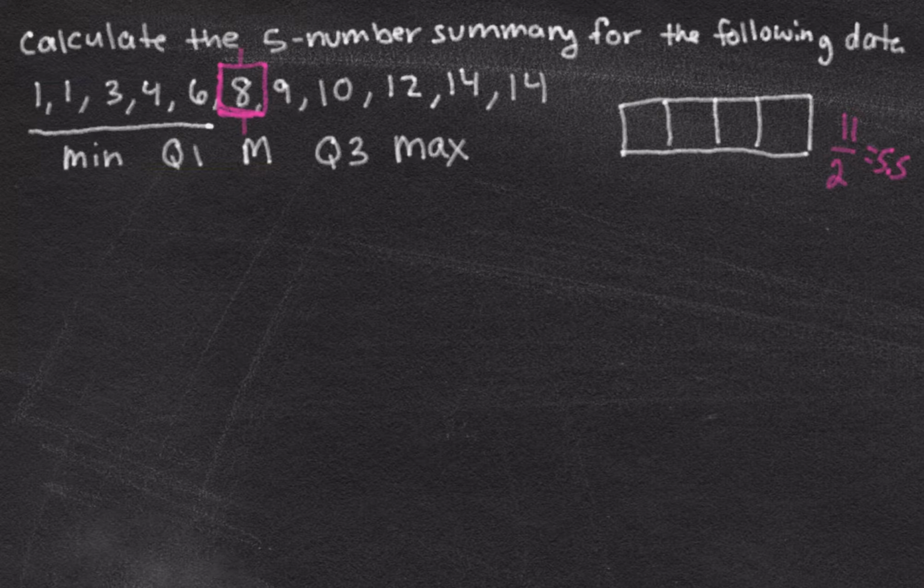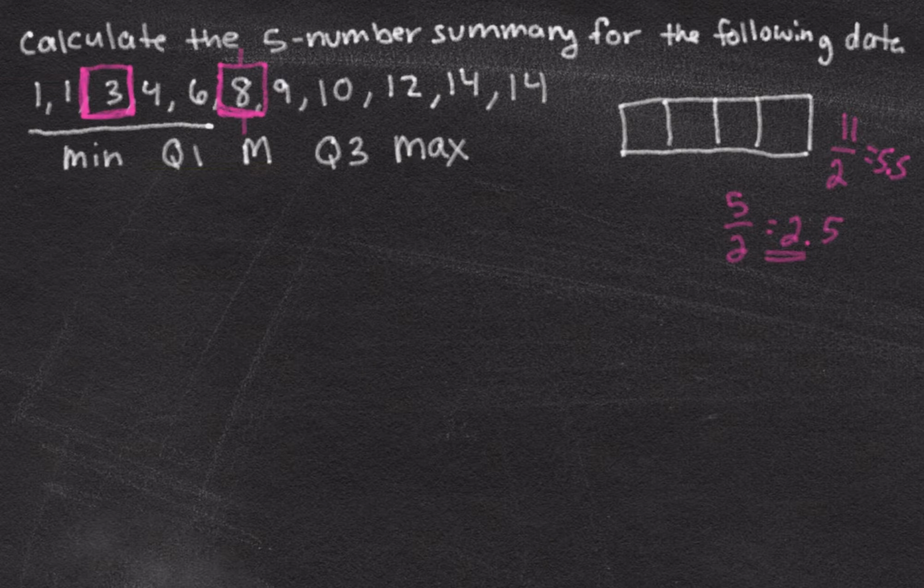So there's 5 numbers over here. 5 divided in half is 2.5, which means that there's going to be 2 numbers on each side of my median, which means that the median of this first half of the data has to be 3. Okay, so I was just looking at 1, 1, 3, 4, 6, just those 5 numbers, and trying to find the median of just those 5 numbers.